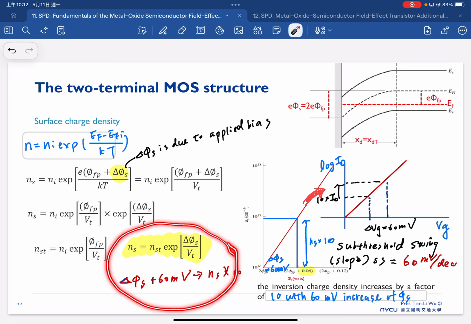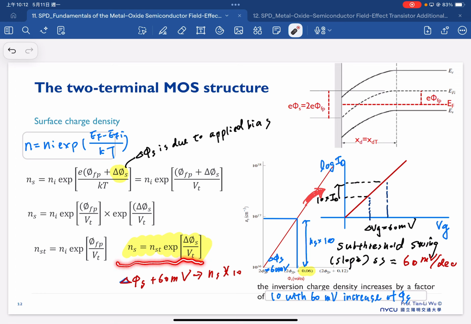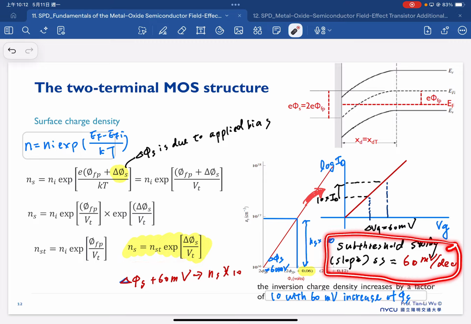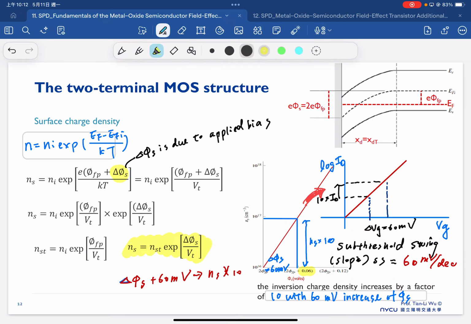It's nothing very complicated, very straightforward, and if you followed from the beginning, you should easily follow it here. So that is one of the main goals for everyone who works on transistors, no matter what kind: we always try our best to make it as close to 60 millivolt per decade as we can. But unfortunately, it's very difficult.